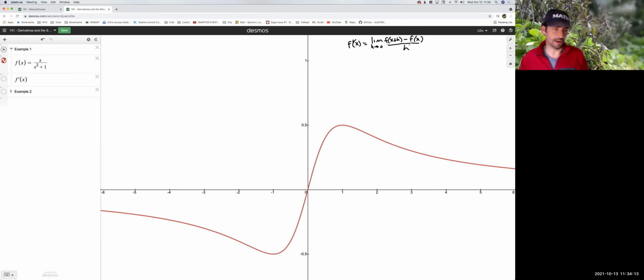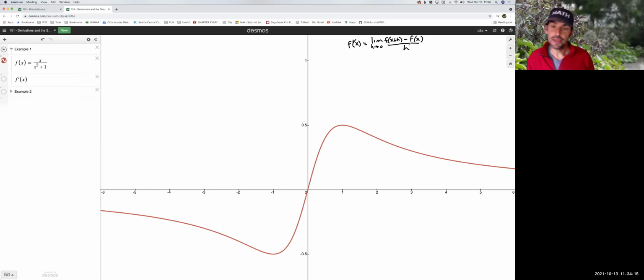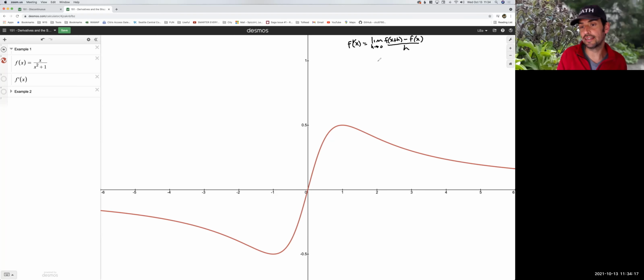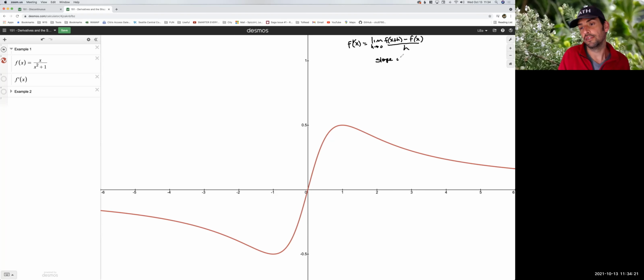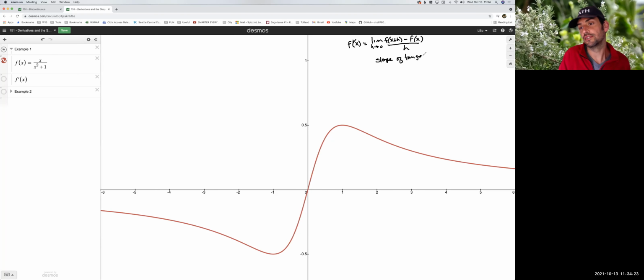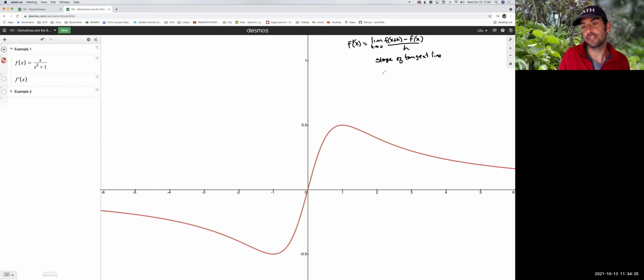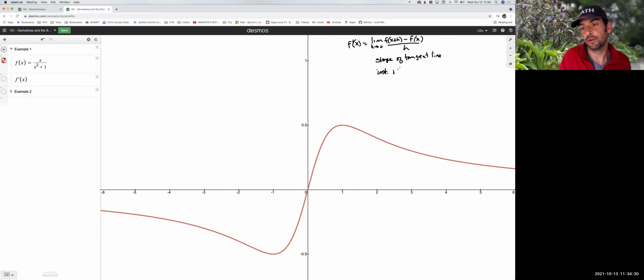That's our algebraic definition. And then we've connected this to the slope of the tangent line, as well as the instantaneous rate of change.